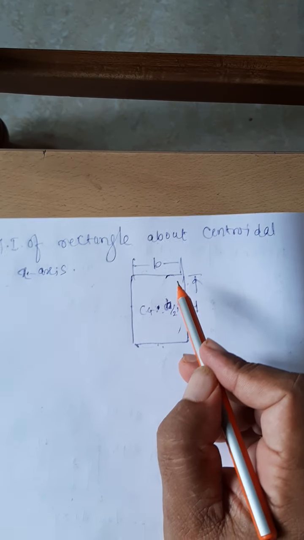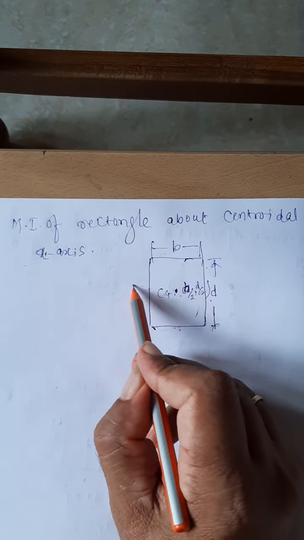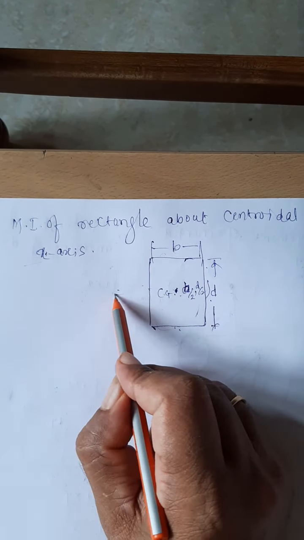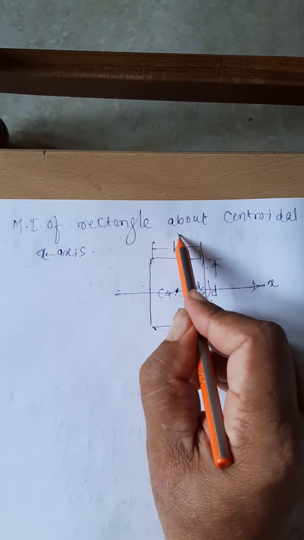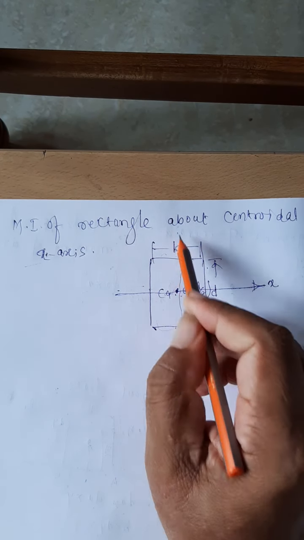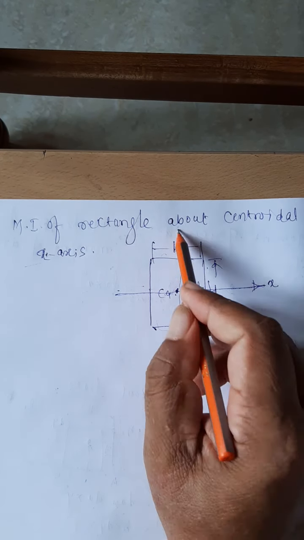And when I say the centroidal x-axis, it means the x-axis passing through the centroid. X usually means a horizontal line. This is the centroidal x line. Like that, if we ask you to draw the centroidal y line, that will be this particular line, right? Now I want the moment of inertia about the centroidal x-axis. Consider a rectangle and the x line passing through the centroid.